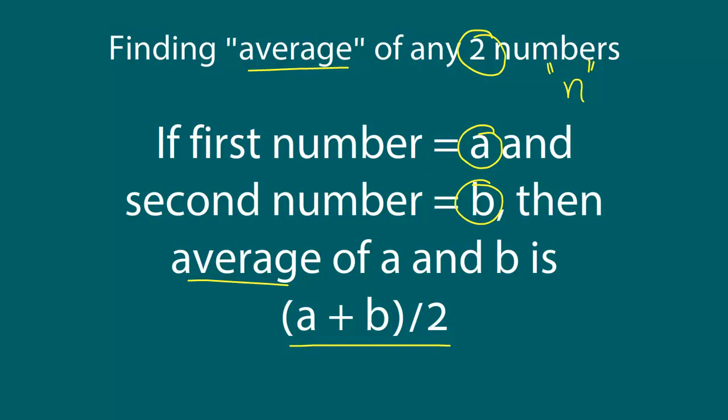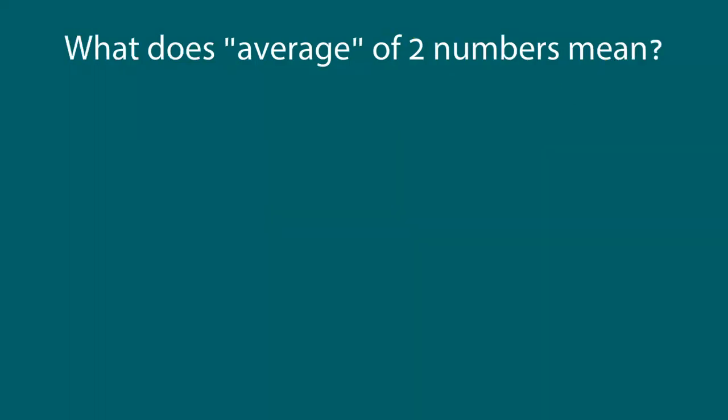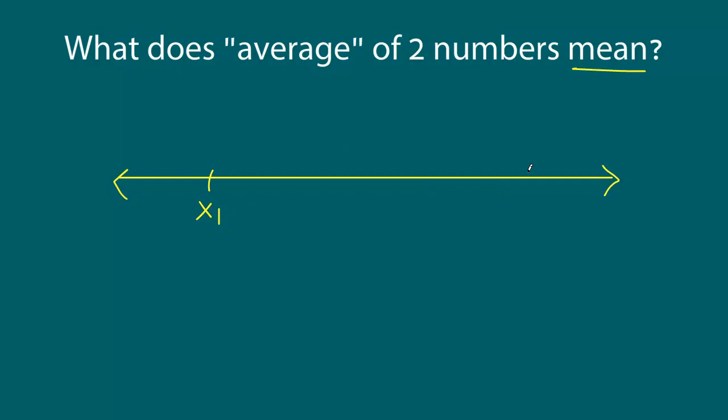Now that we understand what average is and how to calculate it, let's try to understand what average really means. To explain this, let's draw a line. Now let's take any 2 points on this line. Let's take a point here and call it x1, and a point here and call it x2. We are going to find the average of x1 and x2.